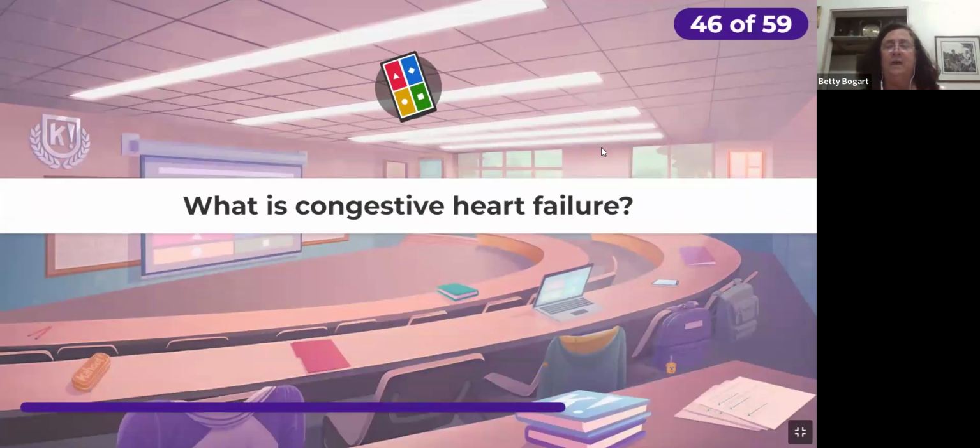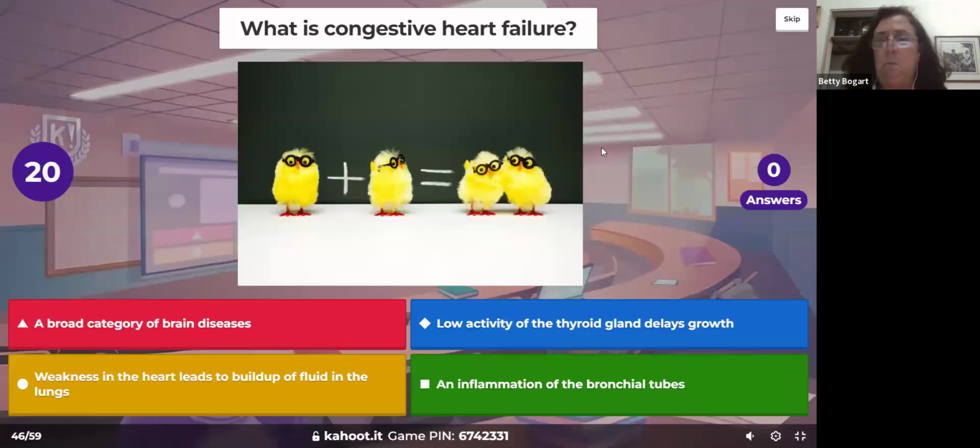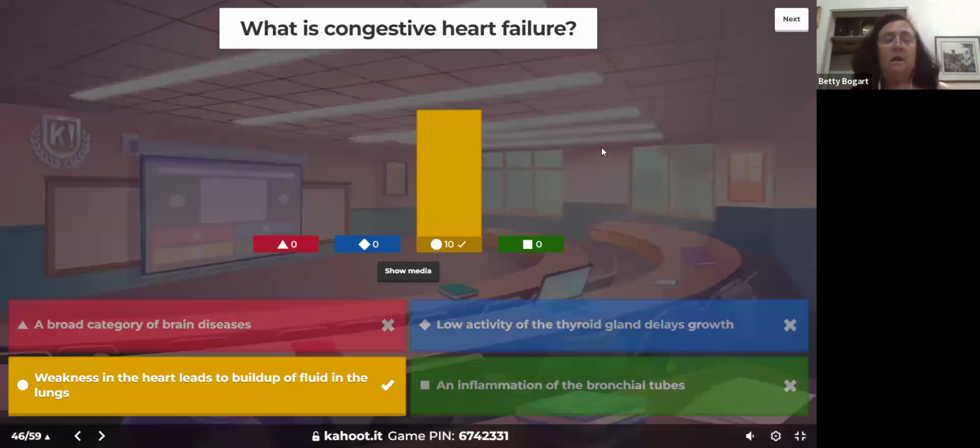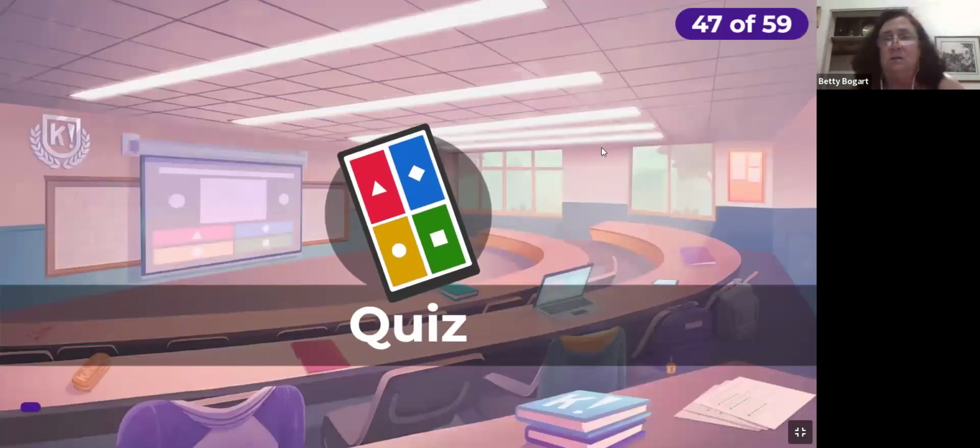What is congestive heart failure? So when the heart can't beat right or it's fighting against some sort of restriction, this is when the fluid builds up, and the lungs are a space where fluid can go, and it causes fluid in the lungs.